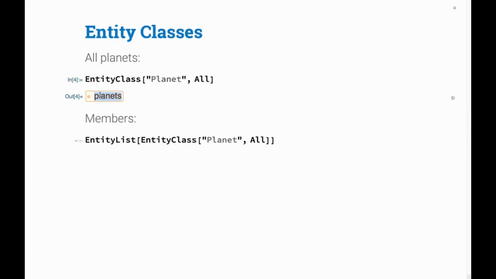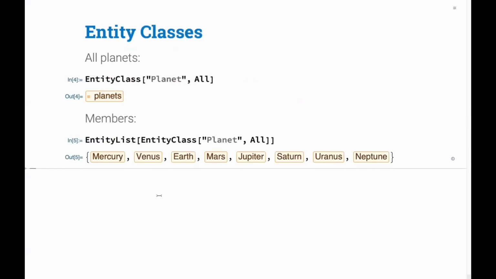So this object, which has this little symbol on the left, indicates a class of entities. In this case, the class of all planets. To get its members, I apply, for instance, entity list to it. And you see, for instance, a famous planet Earth or Mars.